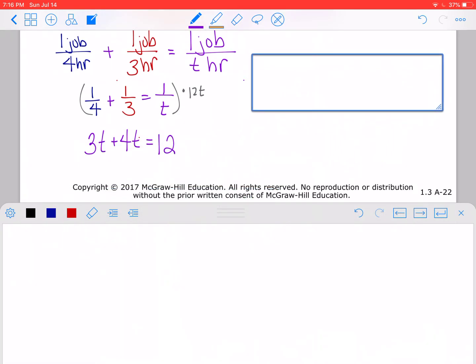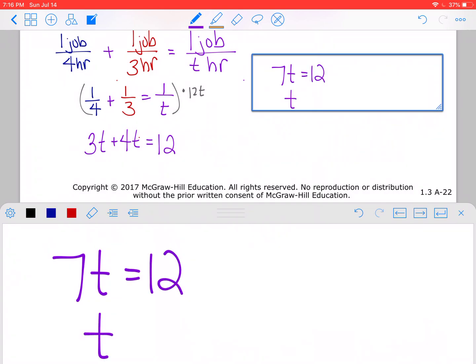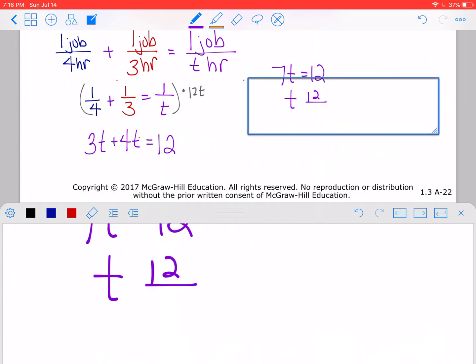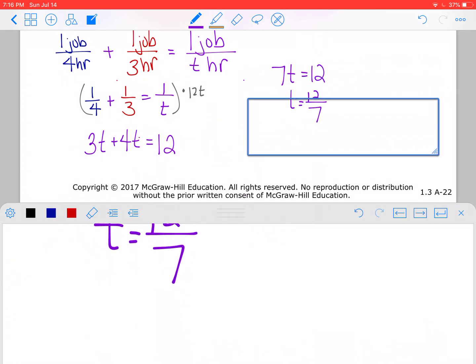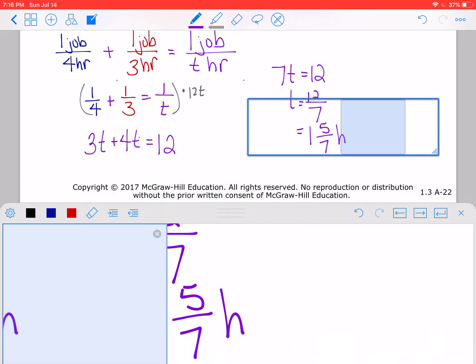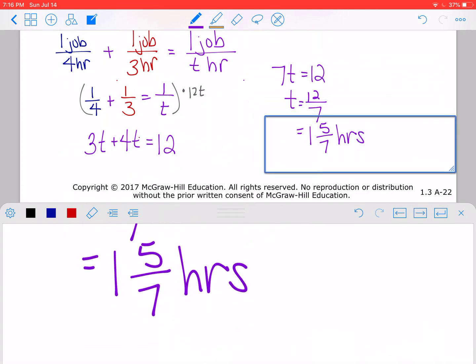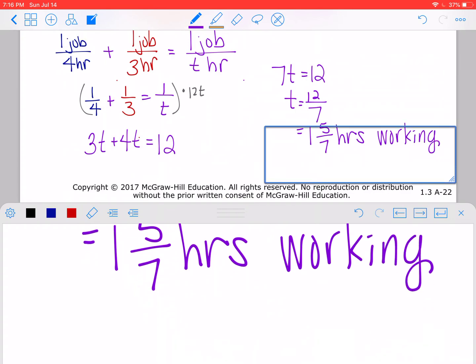So we have 7t equals 12, and t is 12 over 7, which doesn't really make sense, so we'll rewrite that as 1 and 5/7. So it takes 1 and 5/7 hours to work together and get 100 orders.